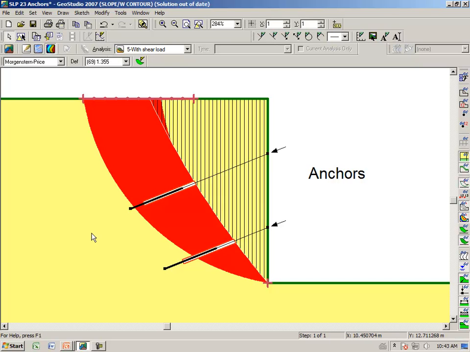It's not too bad in this anchor example, but it does already lead you to the thought that there might be many modes of failure that have very, very similar factors of safety. So this is something you should always check and be aware of. Don't just rely on the one factor of safety for the slip surface that gives you the lowest value. It's useful to look at more than just that one factor of safety.